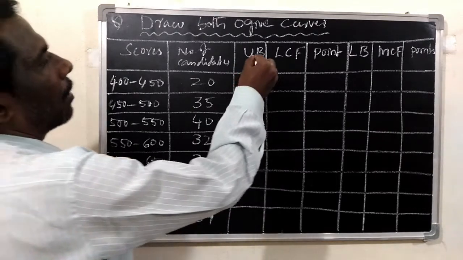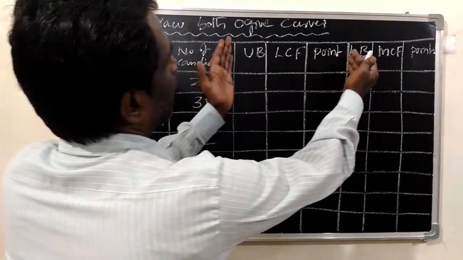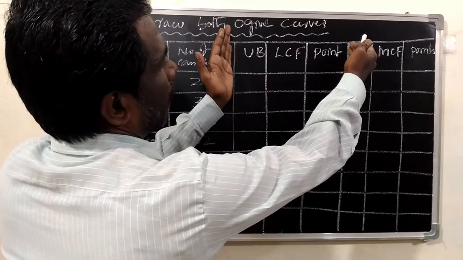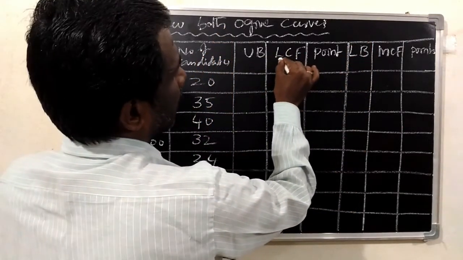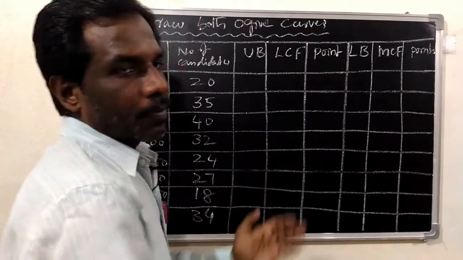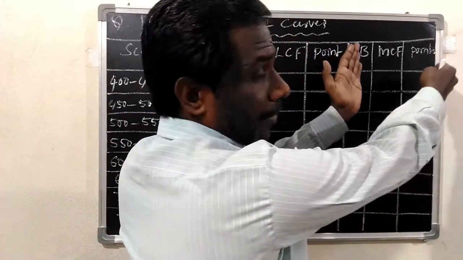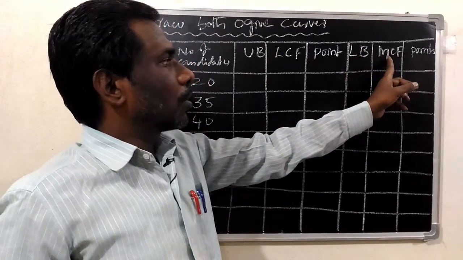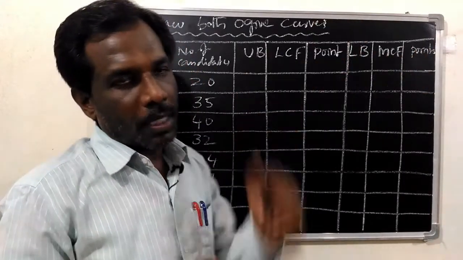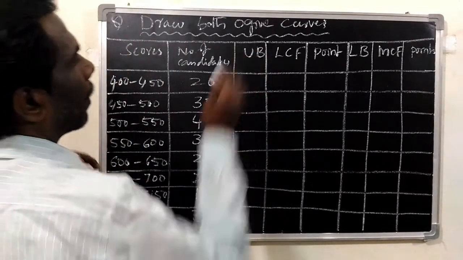So next, for the less than cumulative frequency we need the upper boundary and the less than cumulative frequency and the point. And for the more than cumulative frequency we need the lower boundary and the more than cumulative frequency, and the point. Now upper boundary.